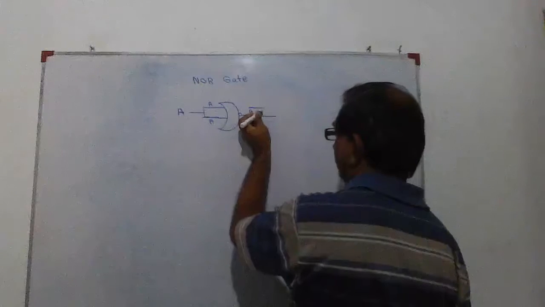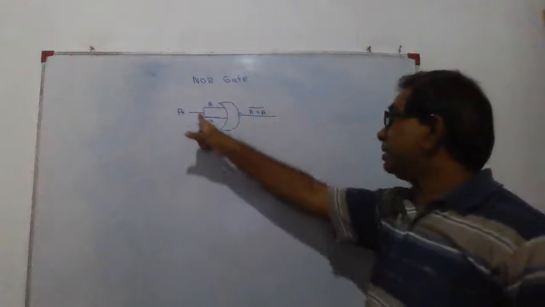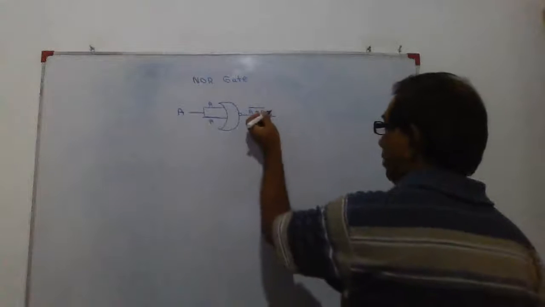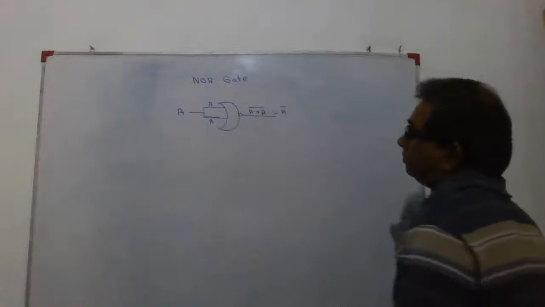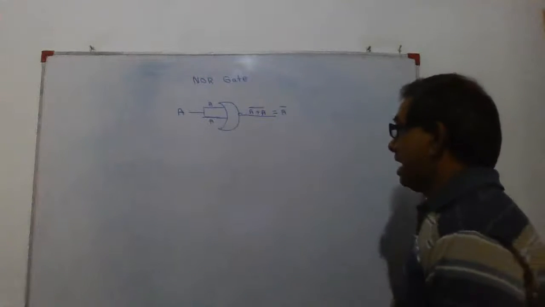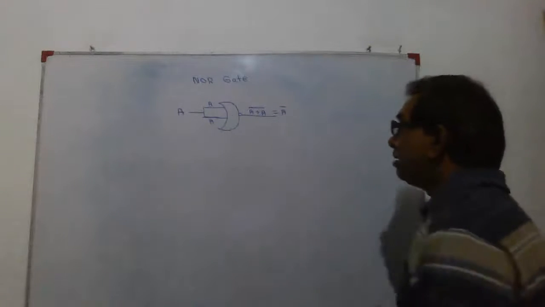A NOR A is A bar. So A is the input. A NOR A means A bar. Because if A is 1, the next A is also 1.